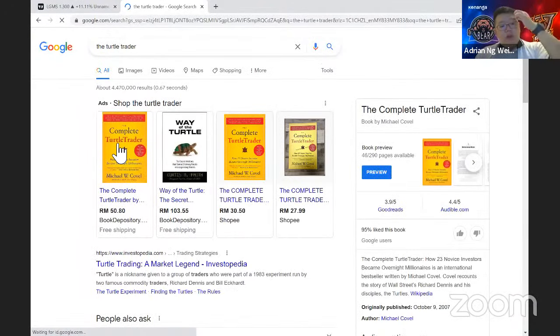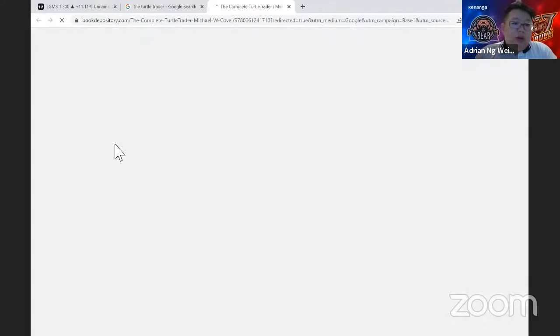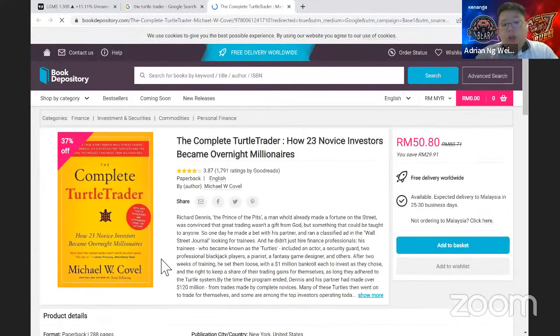This is a very good book that I recommend people to read because Richard Dennis and also William Eckhardt are legends, and they are both very good friends. One day they had this argument about whether a trader can be nurtured or is born that way. So it's a nurture versus nature kind of argument. Richard Dennis back then was the prince of the pit.